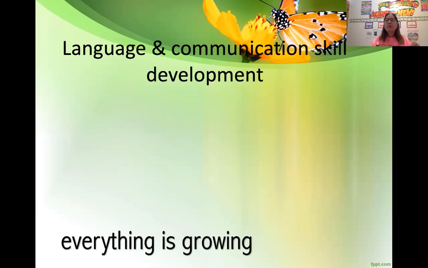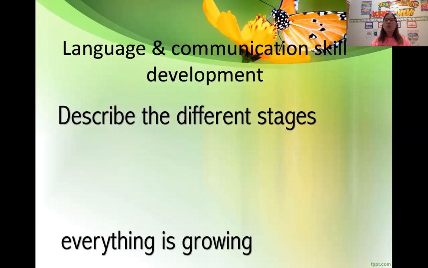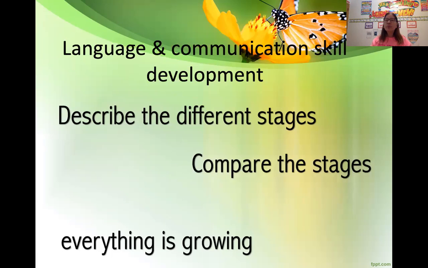Now, for language and communication skills, when we were describing the different stages, they were able to take a look at it and say, oh yeah, they are this. So they have come up with new words. They have compared the stages.